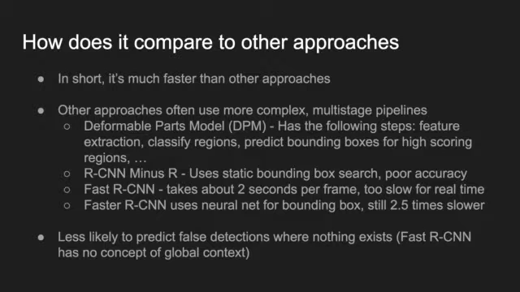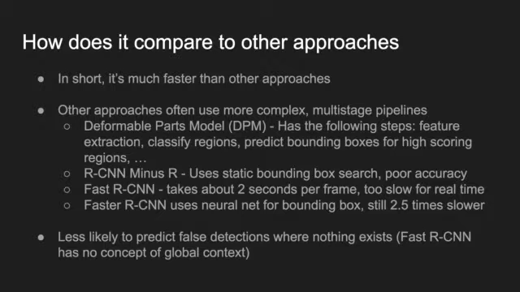Then Fast R-CNN, another revision of that, used a convolutional neural net. They made some improvements, using again another neural net for identifying the regions, but it was still too slow. It was taking about two seconds for each frame.